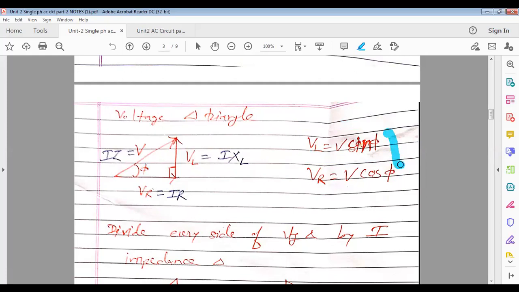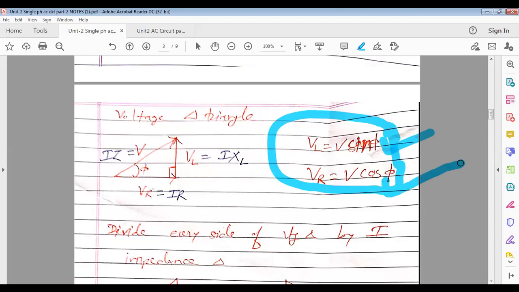While solving numericals, you can use this relationship. From the MCQ exam point of view, keep each and every formula in your mind. So VL is V sin phi and VR is V cos phi.